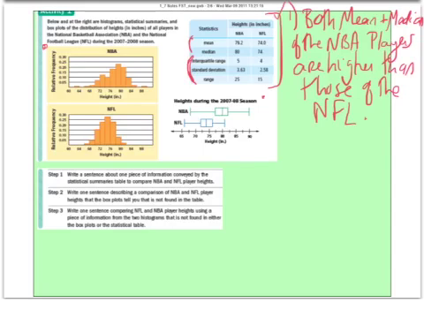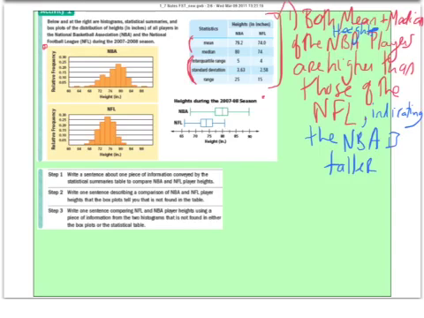Now, in this statement, there's one thing that's missing. Both mean and median of the NBA players, of what specifically? Of the heights of the NBA players. I should have said that. So both the mean and median of the heights of the NBA players are higher than those of the NFL, indicating the NBA is taller. That's the conclusion I can make.